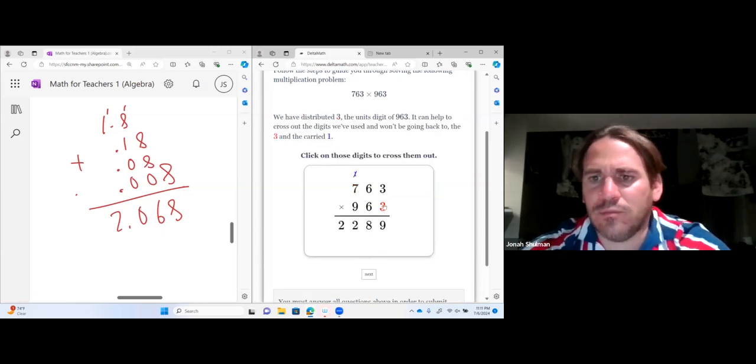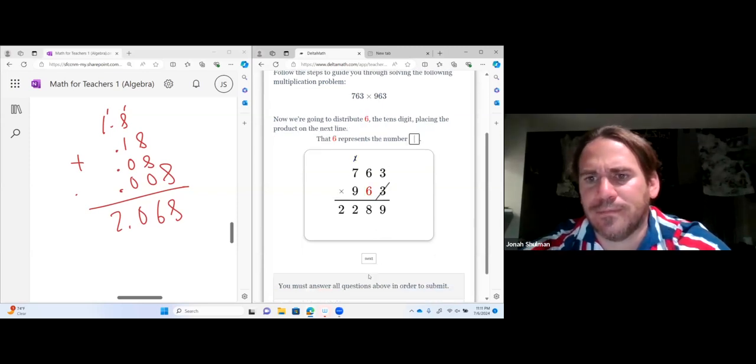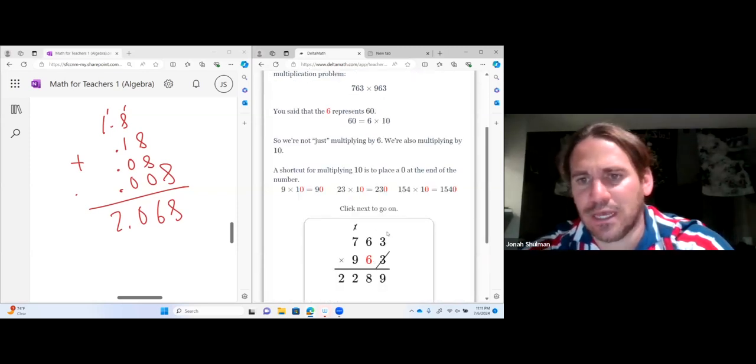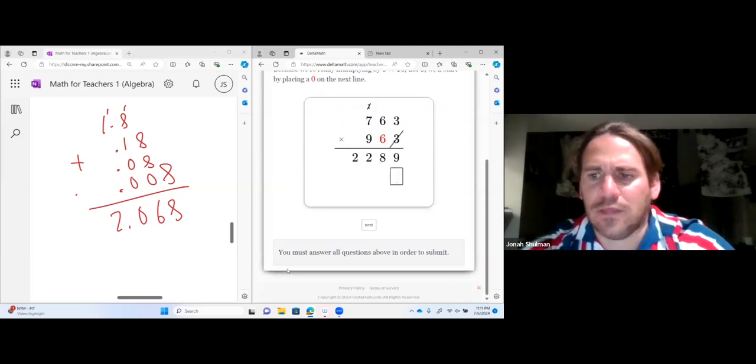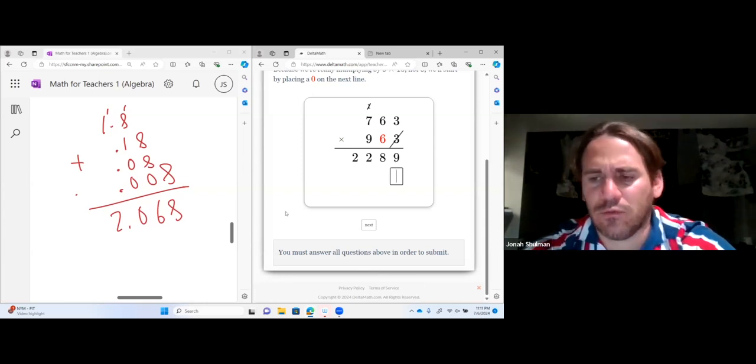So we don't need the 1 anymore. We don't need the 3 anymore. So 6 is really 60, so we need a 0 to represent that on the bottom. And I think I'm gonna pause after this one, and I'll pick it up after wherever we're stopping. So I'm gonna split this into 2 parts. Just getting kind of tired, so I don't think I can really handle doing any more right now.